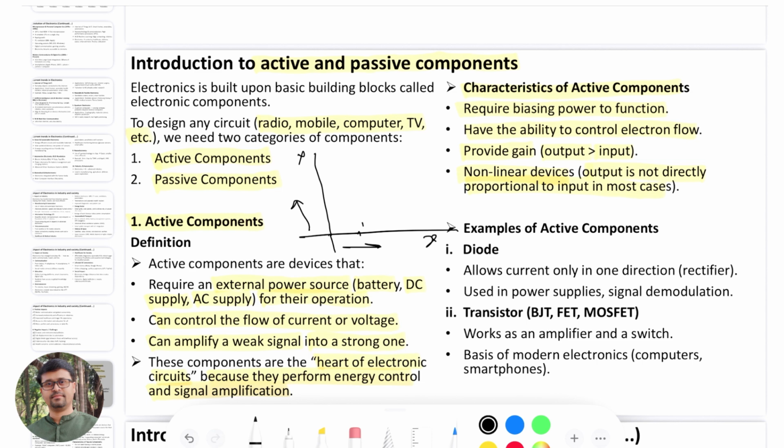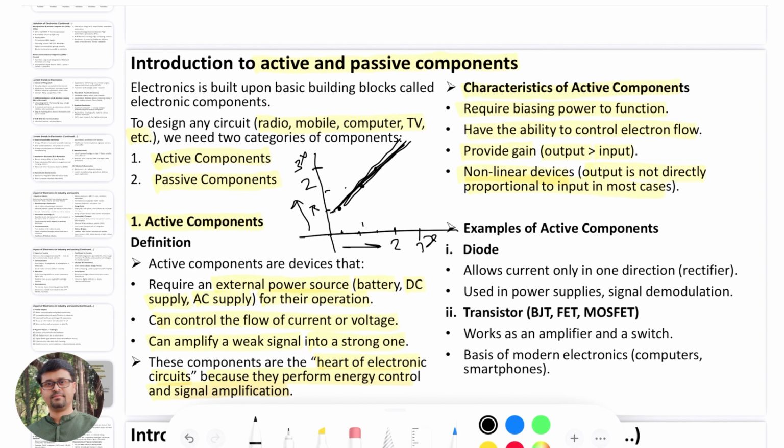Suppose when x is 0.5, y is 1. For x equal to 1, we get 2. For x equal to 1.5, we get 3. If you combine these three points, we get a straight line. So it is linear, and we get a linear graph.